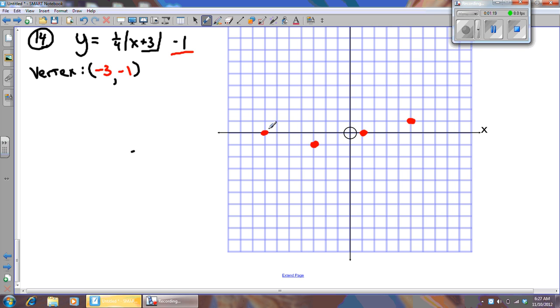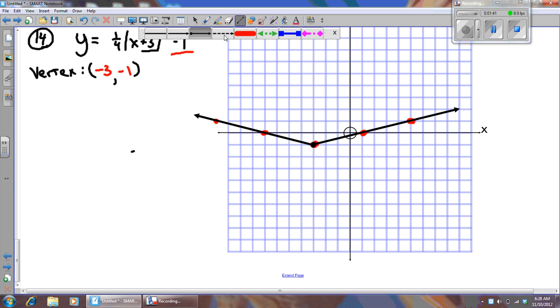It looks like I'm going to run out of room. Probably right about there. Pretty good guess. I'm ready to draw my special V shape for the absolute value graph. There we go. And now I'm ready to find the domain and the range.